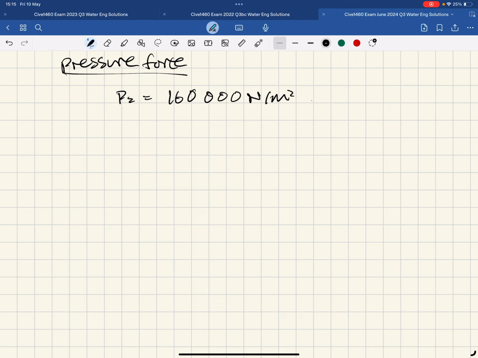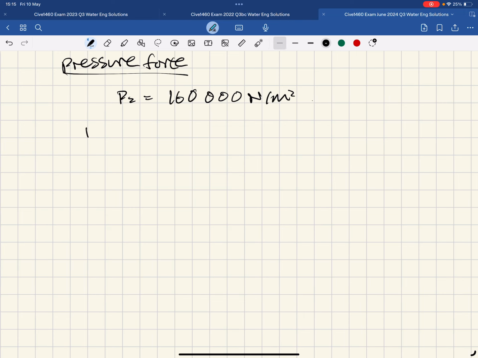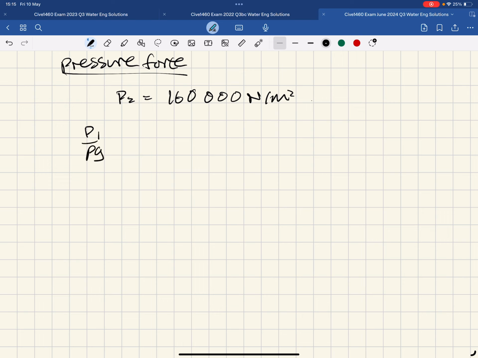Now we haven't got P1, so we need P1. So we apply the Bernoulli equation: P1 over rho g plus U1 squared over 2g plus Z1 equals P2 over rho g plus U2 squared over 2g plus Z2.